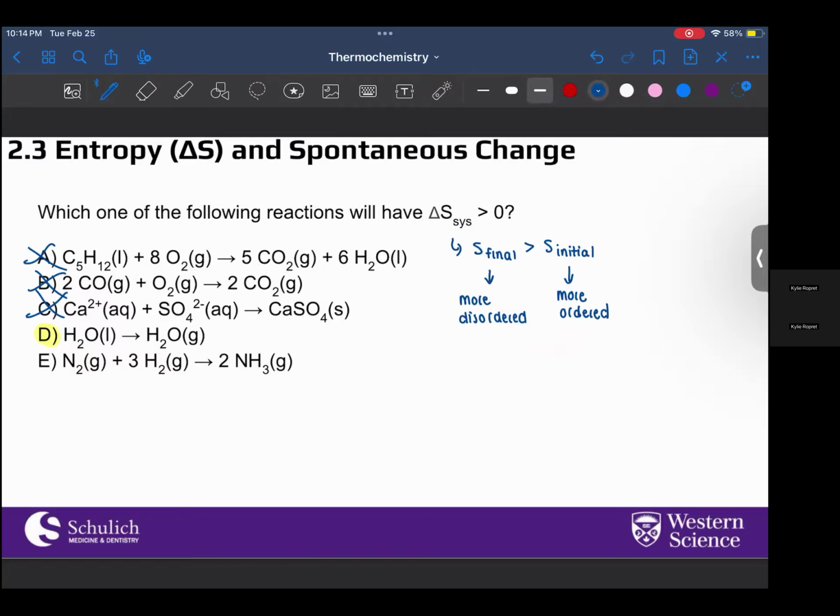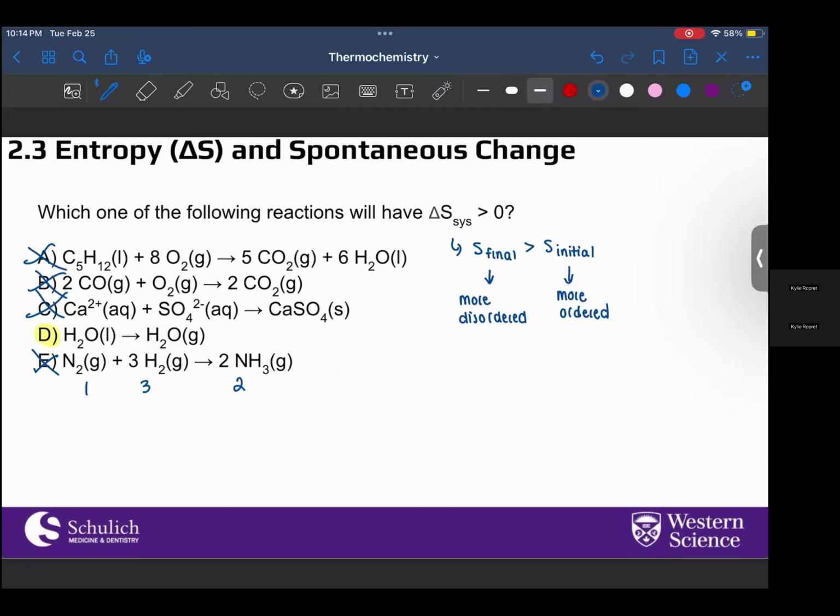So again, we're all gas here, so we're going to be counting the number of moles. And we've got 1 mole here, 1 mole here, 3 moles here, and then just 2 on this side. So our final state is more ordered with 2 moles than our initial state, which has 4 moles. So again, that's not what we were looking for. So that confirms that D is our answer.